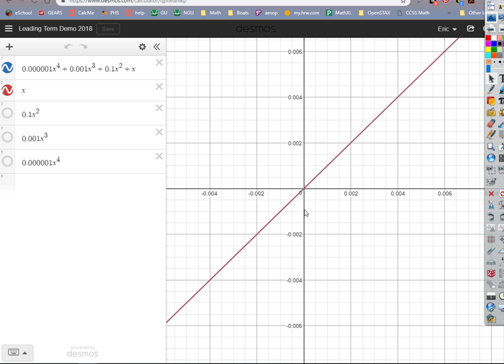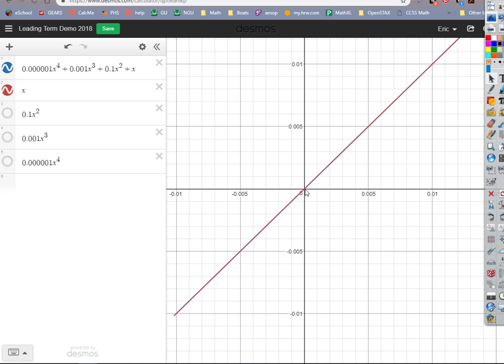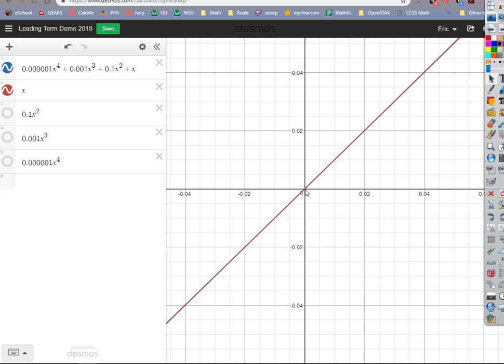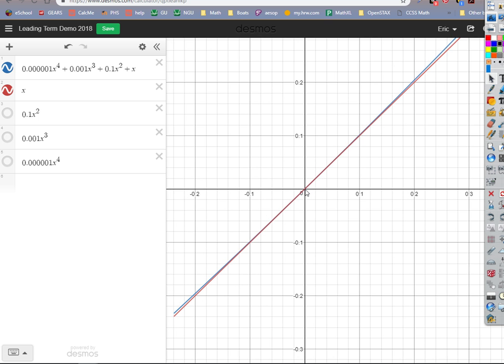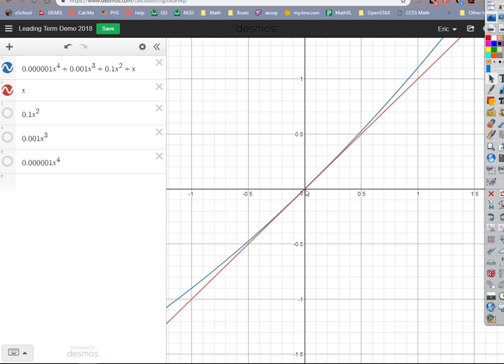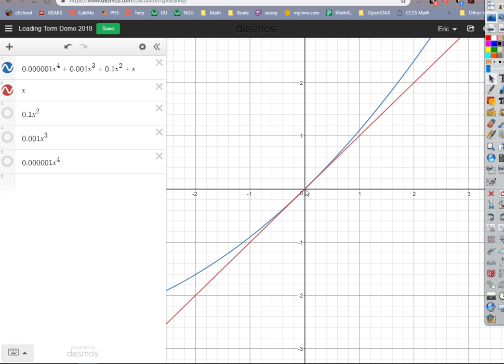So if I'm zoomed way in, it looks very much like the function y equals x. These other terms are insignificant, right? But as I zoom out, pretty quickly it's going to recede from that, right? And now it starts to look nonlinear. Agreed? So let's turn that guy off and let's turn on the next term, 0.1x squared.